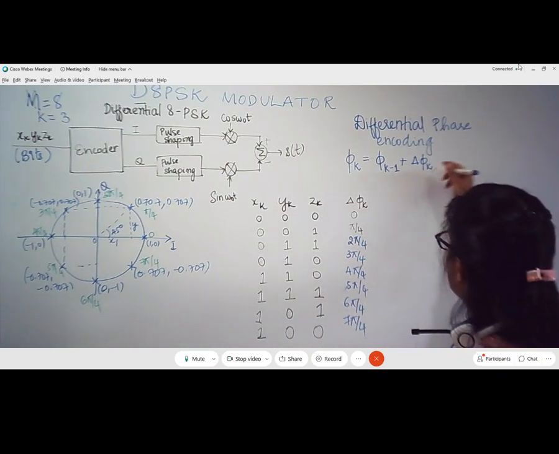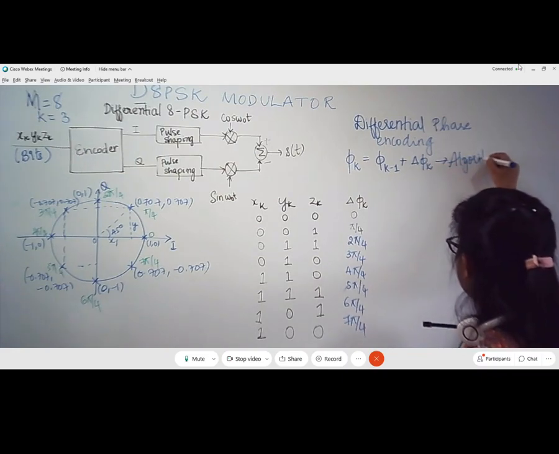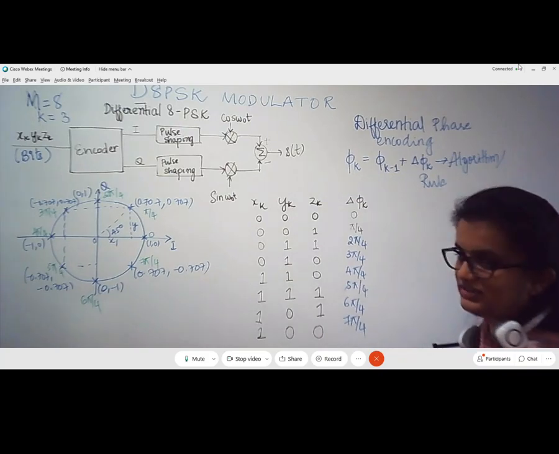Please note down this algorithm. This is the rule that is followed to do the differential phase encoding procedure for D8PSK.